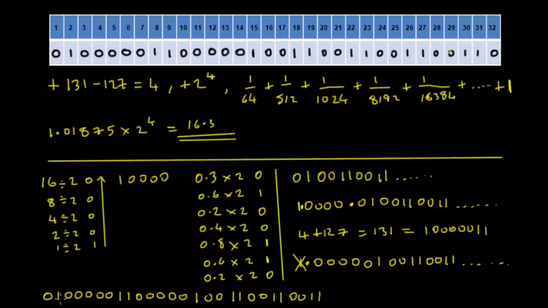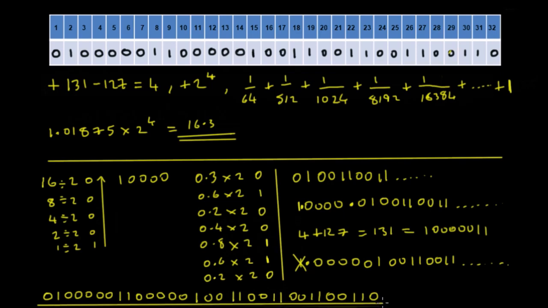So we're going to have 1, 2, 3, 4, 5, up to 32. So this is our final answer here.